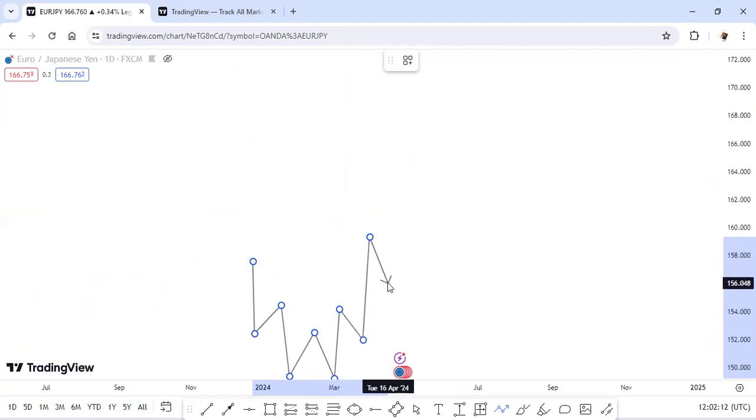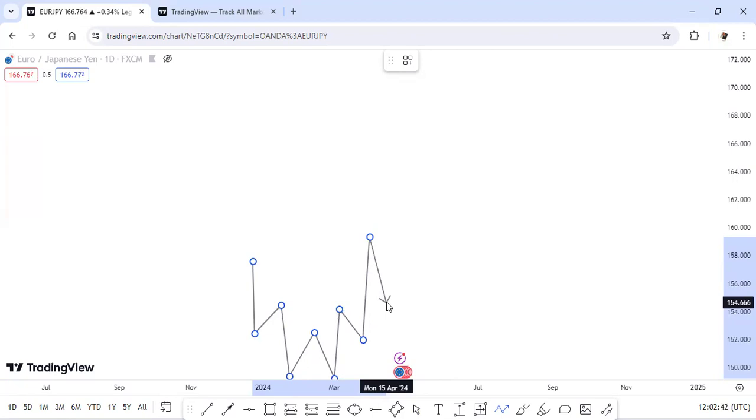Within this process, sometimes a lot of traders tend to say, once the market has broken above this high, the market will not come below this particular high, which is not good. In my own case, I have found that a lot of times, when the market breaks above this particular high, most of the time the market will come back, because once the market comes back to this particular zone, a lot of traders tend to start buying.